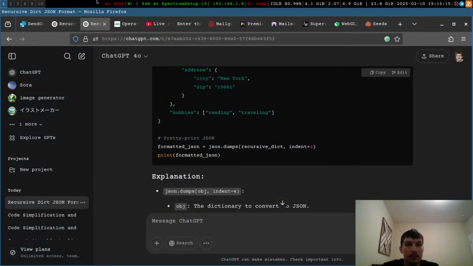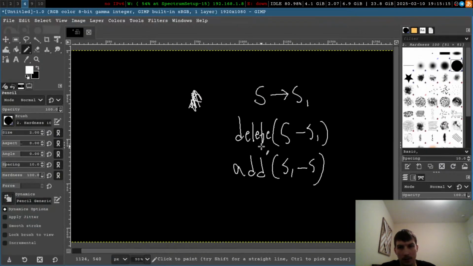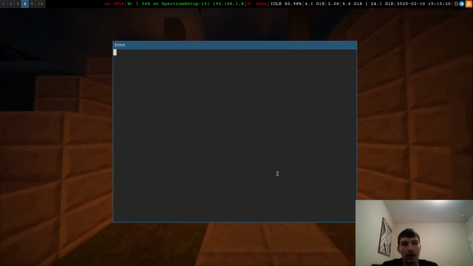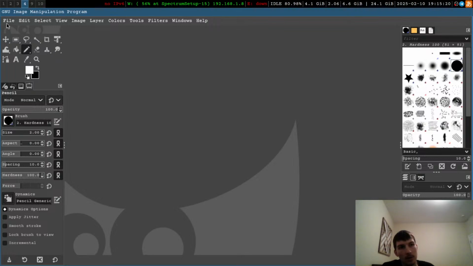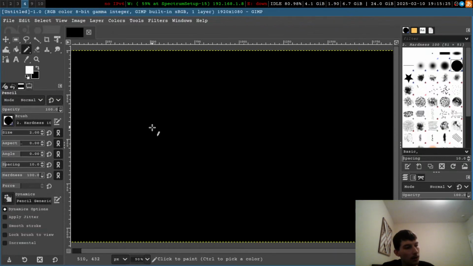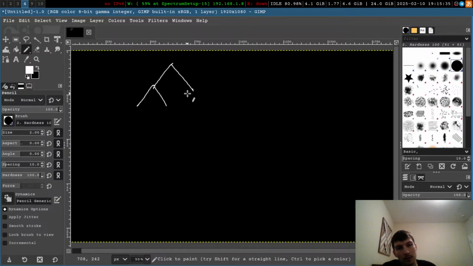All right, so I want this idea of a list where you can add and subtract lists. Or it's actually a tree. Imagine you have, for example, A, B, C, and then you subtract this from it.